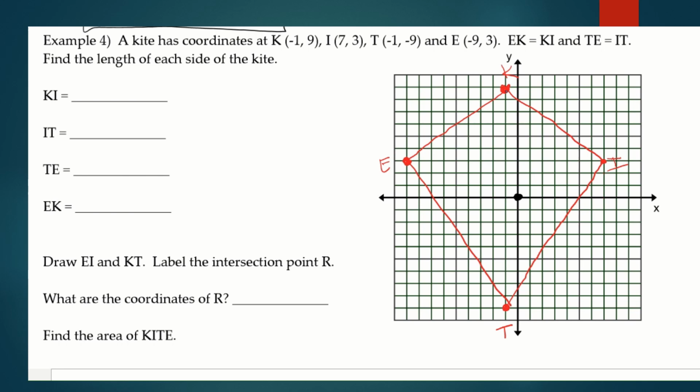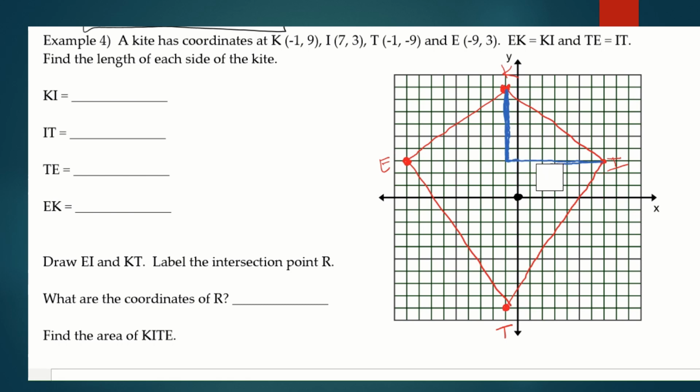So what I mean by that is, starting at point K, I'm going to draw a vertical line until it reaches, I should say, until it's directly horizontal from point I. And then from there, I'm going to draw a horizontal line over to point I.